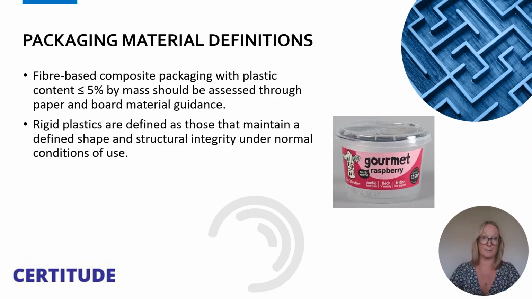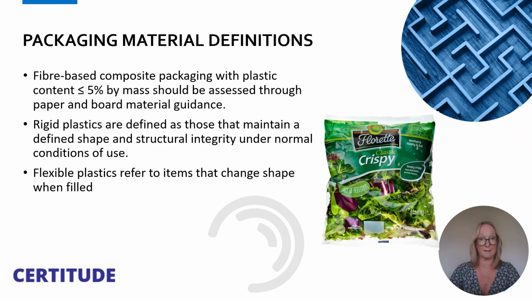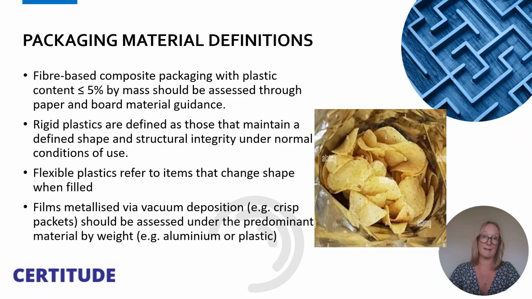Rigid plastics are defined as things like tubs and pots that maintain their shape under normal use conditions, whereas flexible plastics, like bags, are those that change their shape when filled. And then finally, metallized films like crisp packets will need to be assessed under the predominant material by weight, likely either plastic or aluminium.